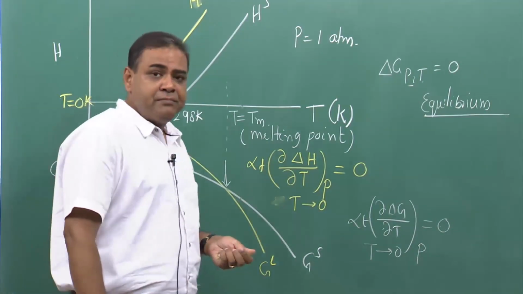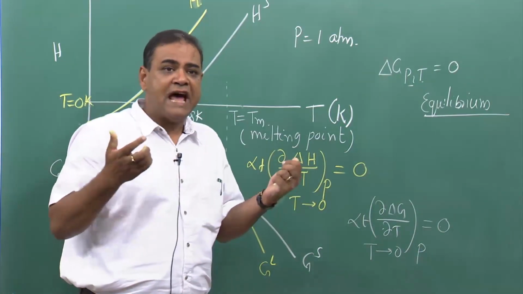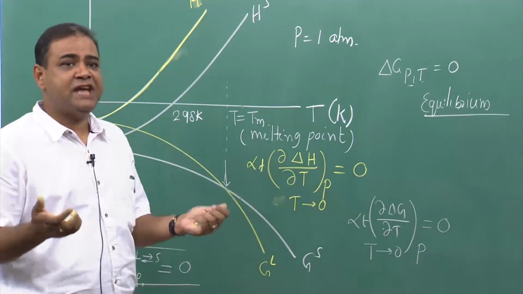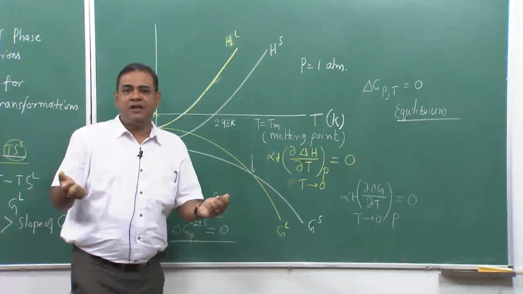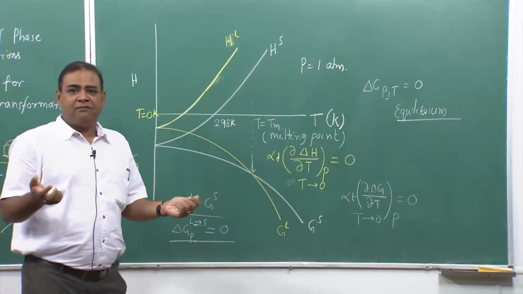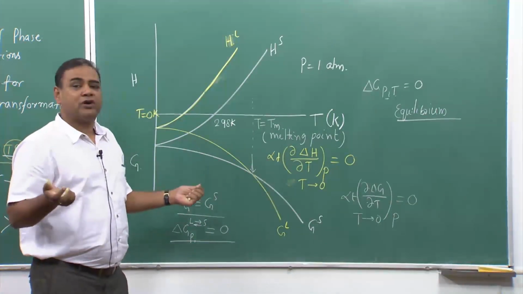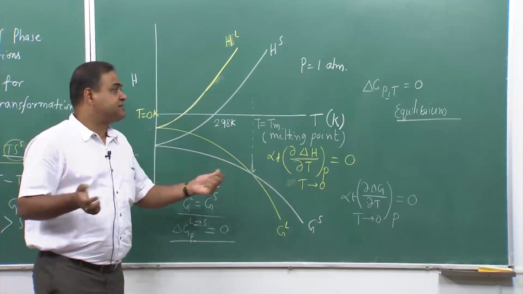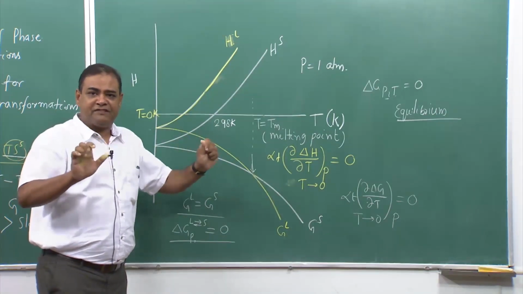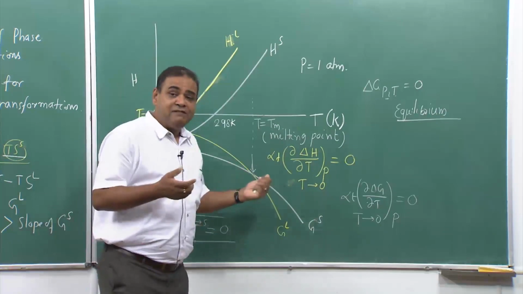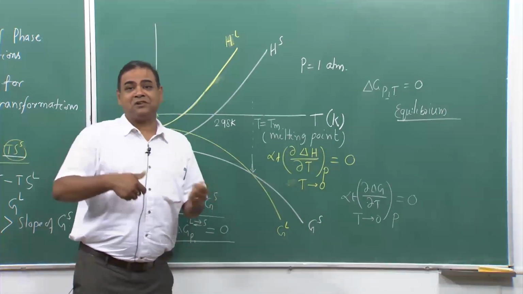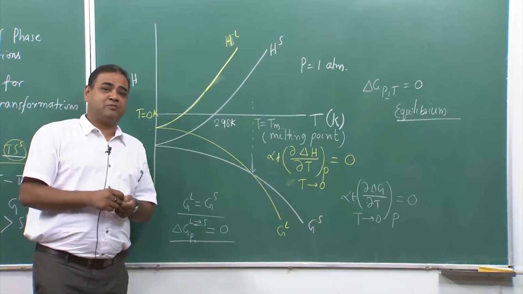And at equilibrium we do not have any energy available to do work. And if there is nothing available for doing work, no work will be done there and the system will remain fixed there. Okay? And at the same time, we will not be able to tell whether liquid will transform to solid or solid will transform to liquid.